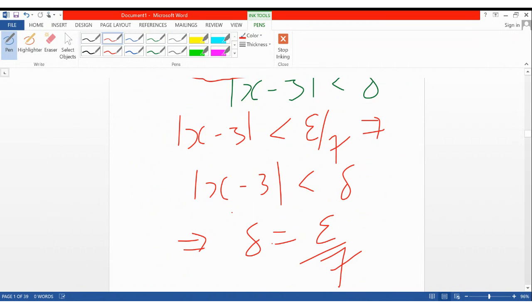I think I can do another example. Let me just do another example to demonstrate what we have done, because that one was just one example.